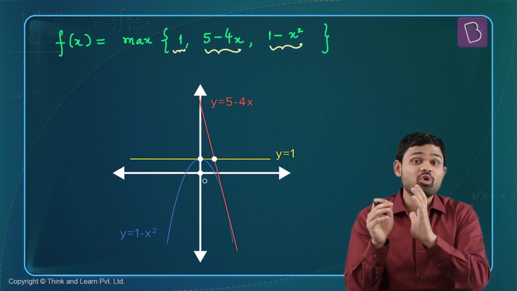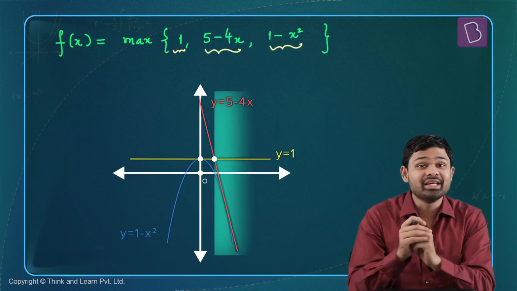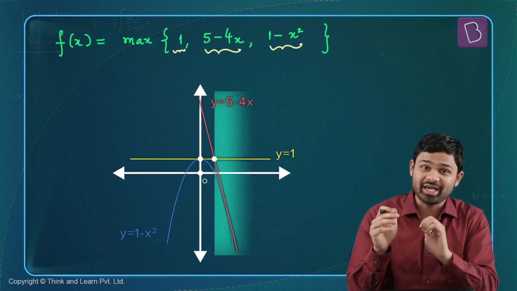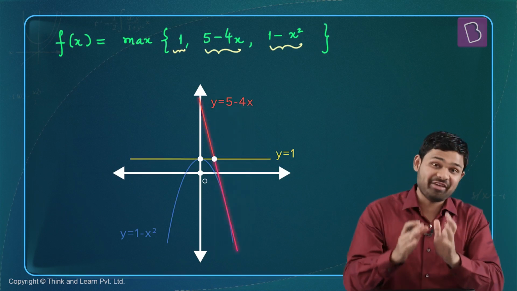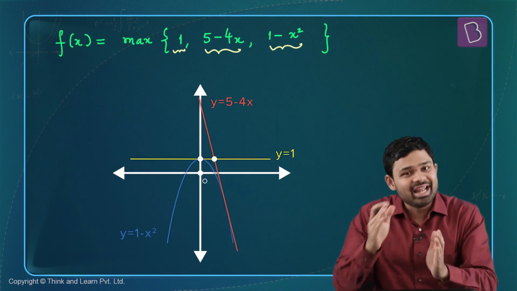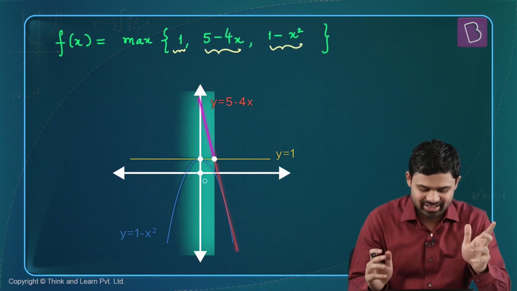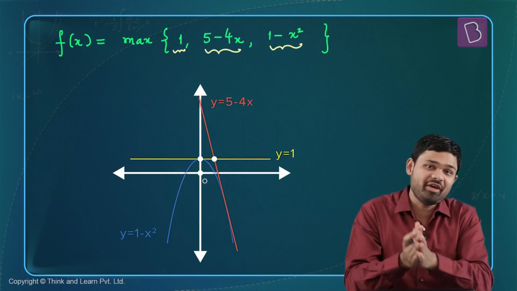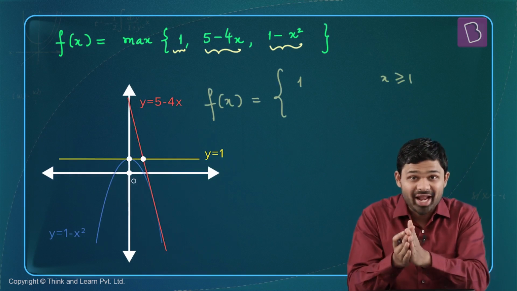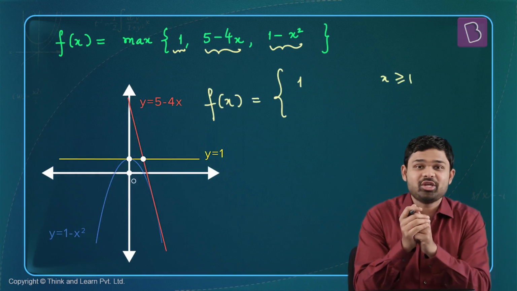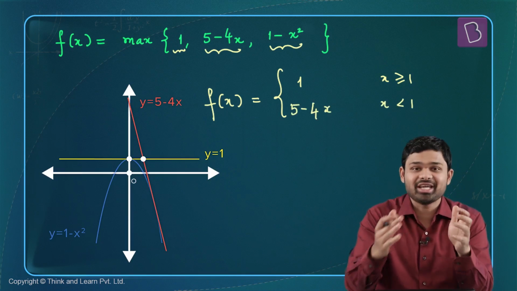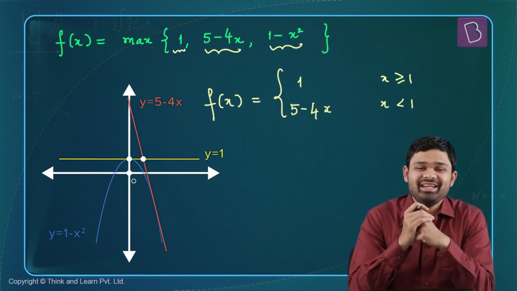So for every value of x greater than 1, the value of 5 minus 4x is going to be less than 1, and for every value of x less than 1, the value of 5 minus 4x is going to be greater than 1. So the definition of f of x is now going to be 1 when x is greater than or equal to 1, or 5 minus 4x when x is less than 1.